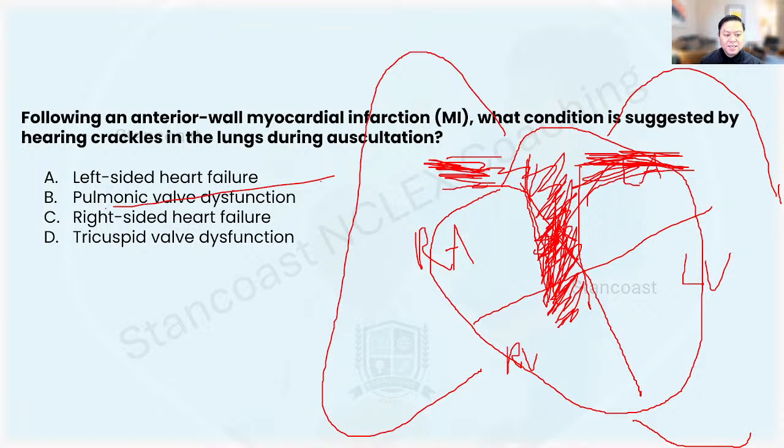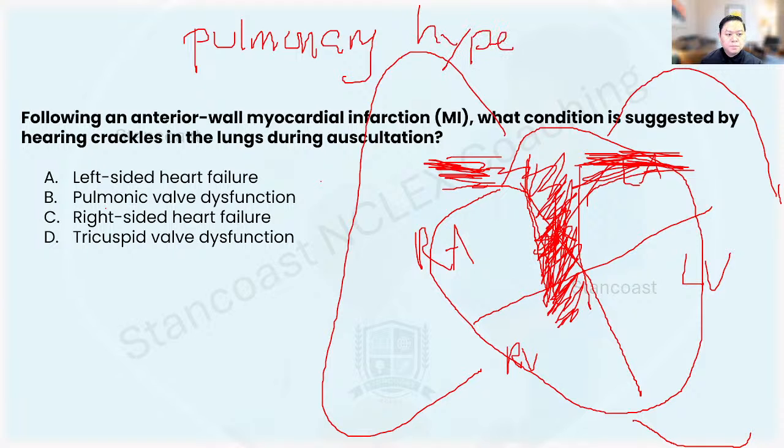All right, so again, if there is pulmonary valve dysfunction, let me erase this. Again, I said that it will cause pulmonary hypertension. So we're talking about the pulmonary hypertension.